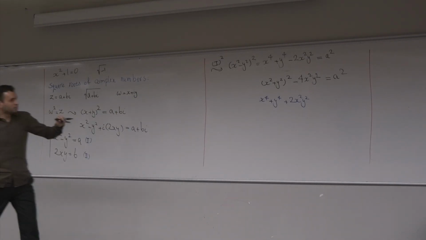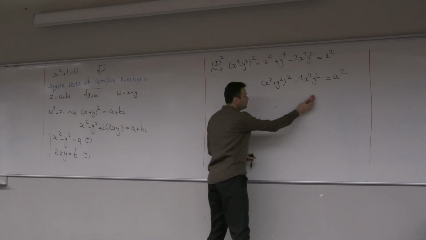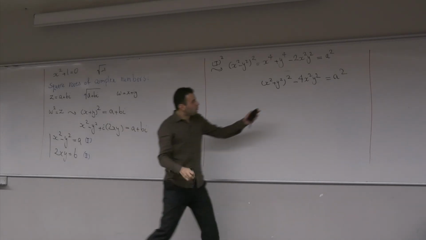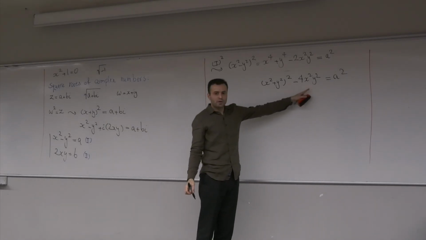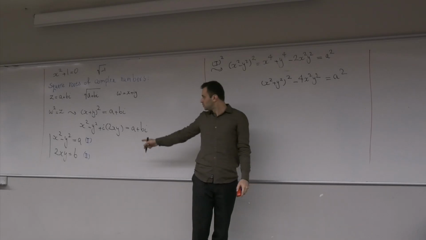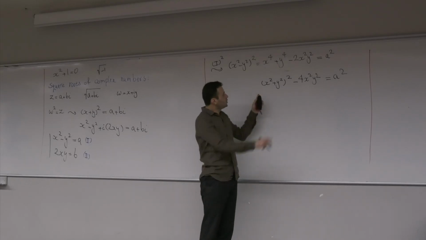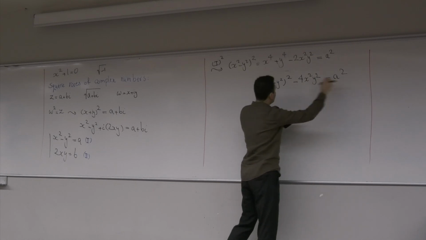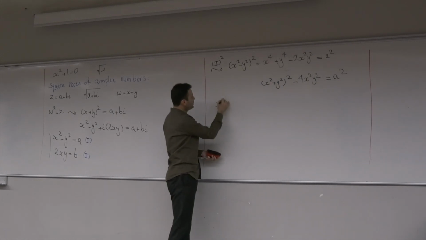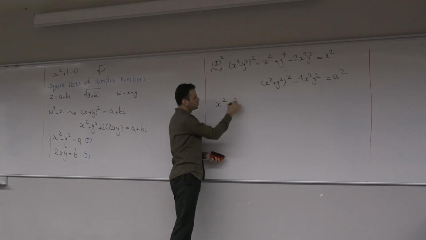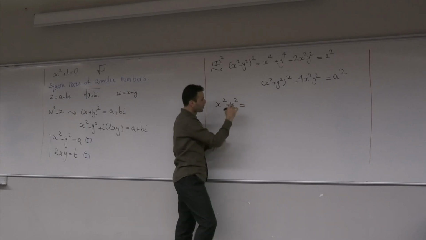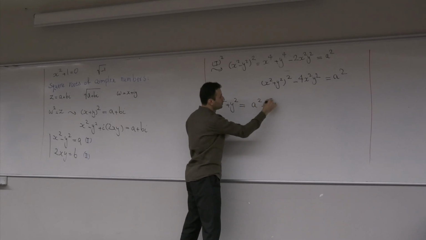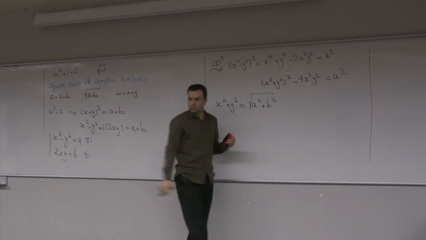What will happen now? If you look at this, what is 4 times x to the power of 2, y to the power of 2? b squared, definitely. So I can take this to the other side, and I can write x to the power of 2 plus y to the power of 2 equal to, this is to the power of 2, but I'm just going to write it as a square root.